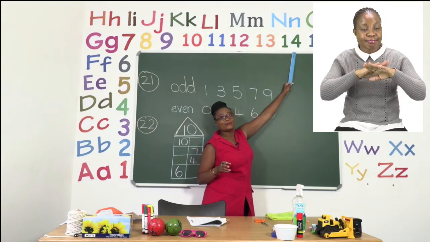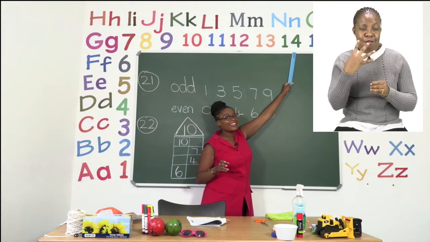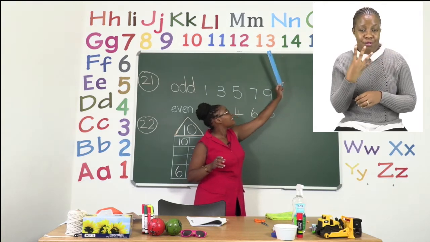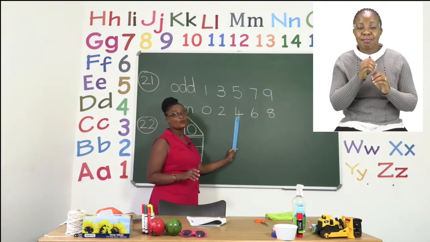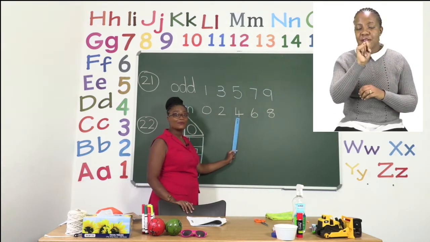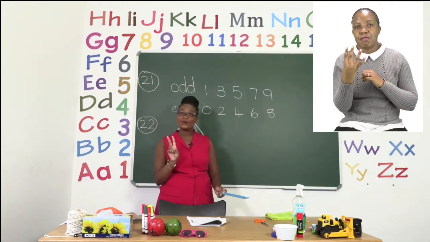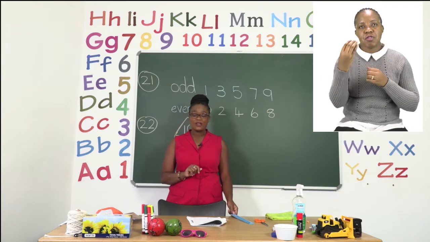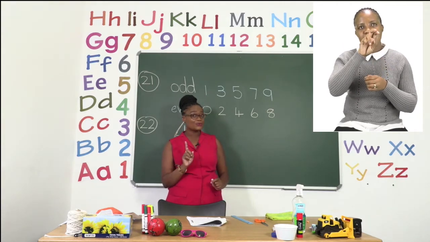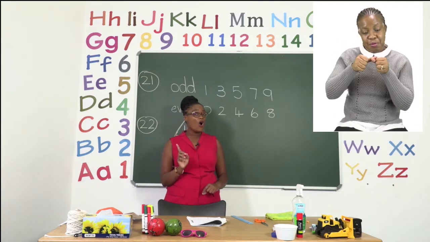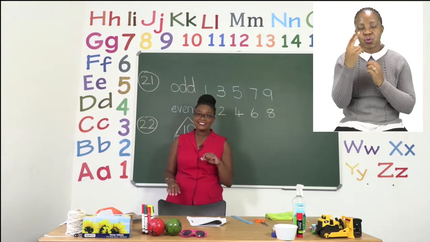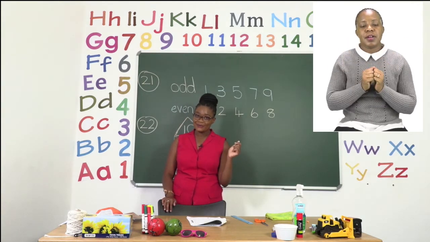Now we know the number 14 is an even number because it ends with a 4, which is part of the even number family. So take your time and remember we're only using 2 colors. We are going to be using green for the odd numbers and blue for the even ones.